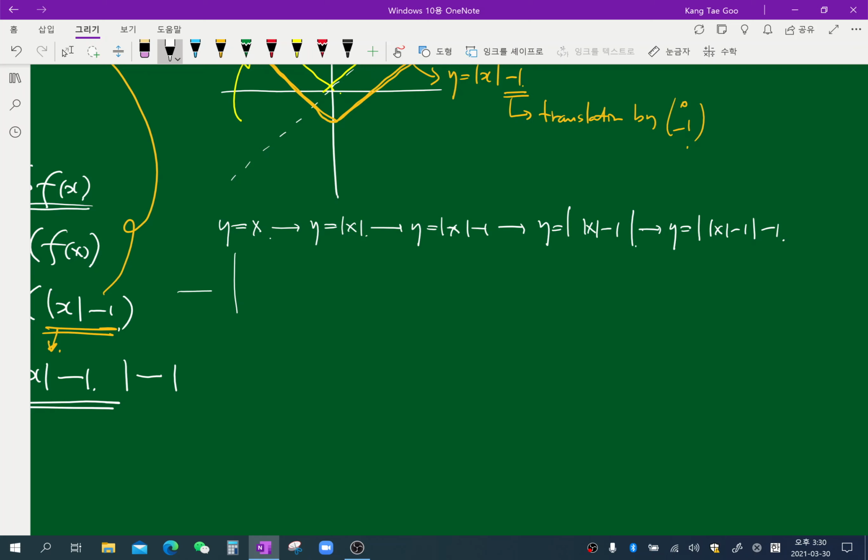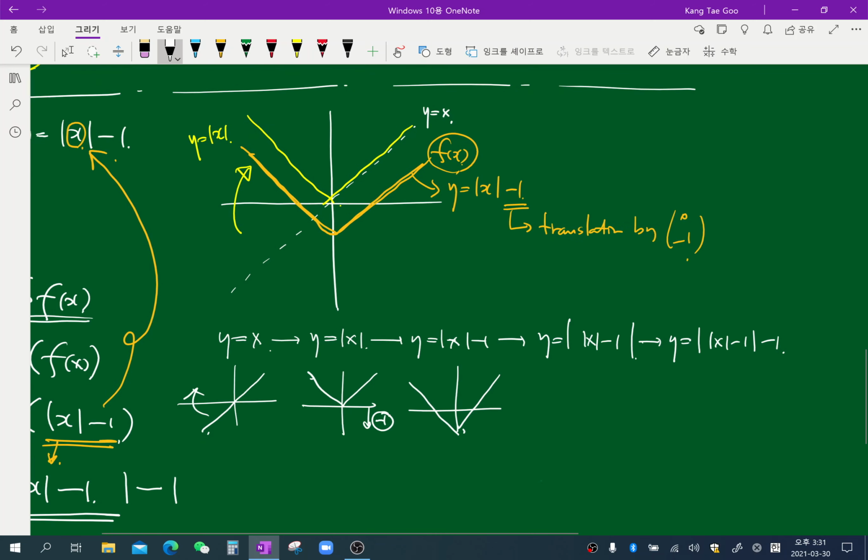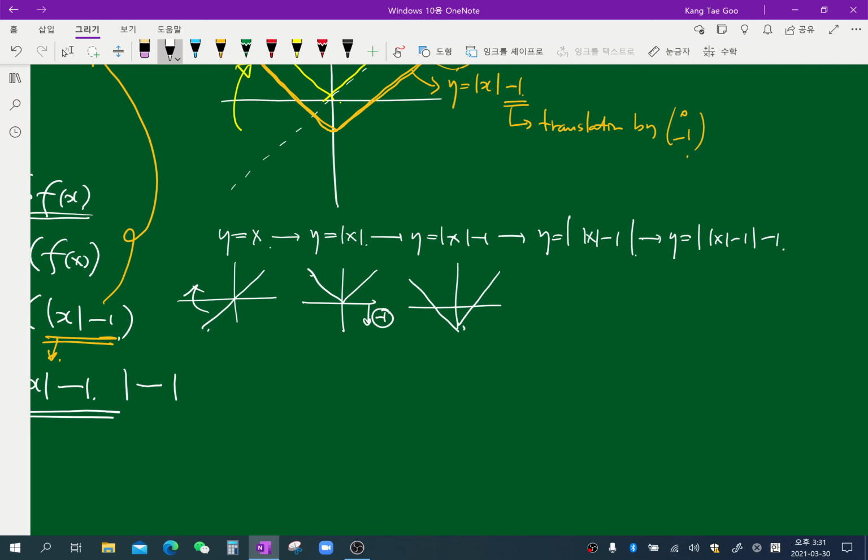So the original function was here, and then this one, we fold this up so that it goes like that, and then we bring this down by minus 1 so that we have it like this, correct? This is up to the above function, right? After that, we put the absolute value sign there.